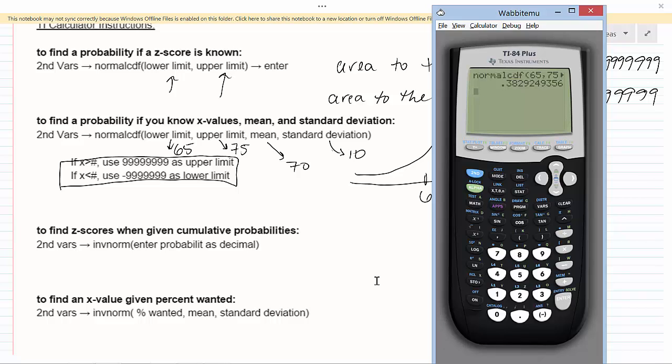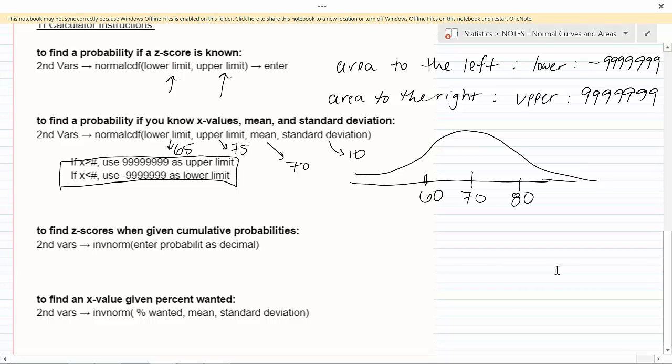Okay. The third type of problem that we're going to see is the reverse of what you've just done. So let's say I give you a probability and I want to know what z-score that came from.